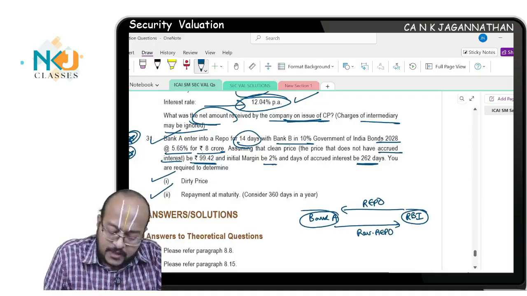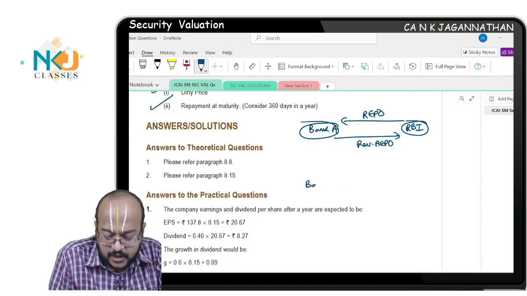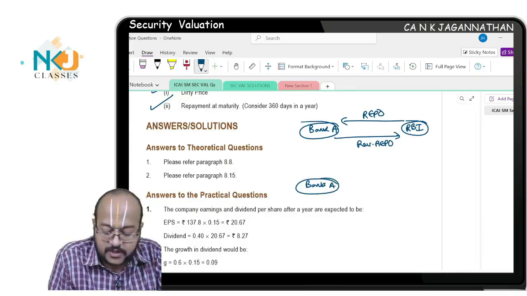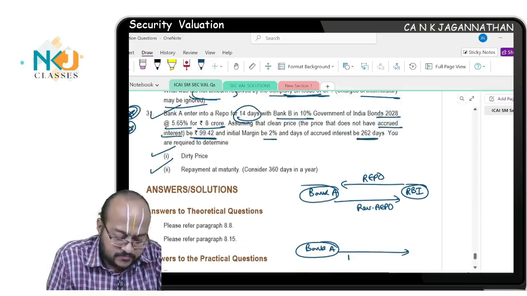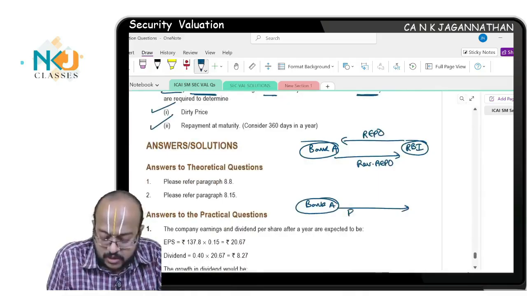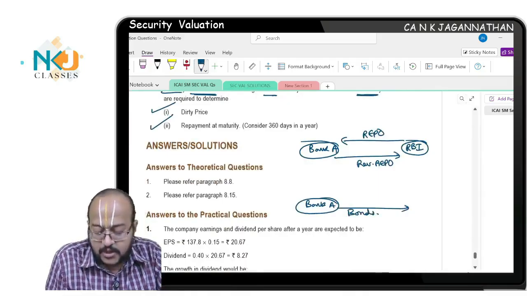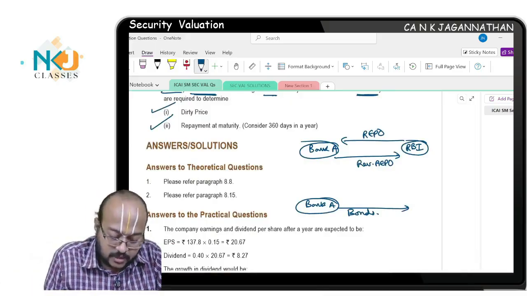See, in this repo transaction, I will explain briefly. Bank A issues some instrument, correct? It will borrow from RBI, which means it has to issue a bond. It issues bonds to the RBI and borrows money. Are you understanding?